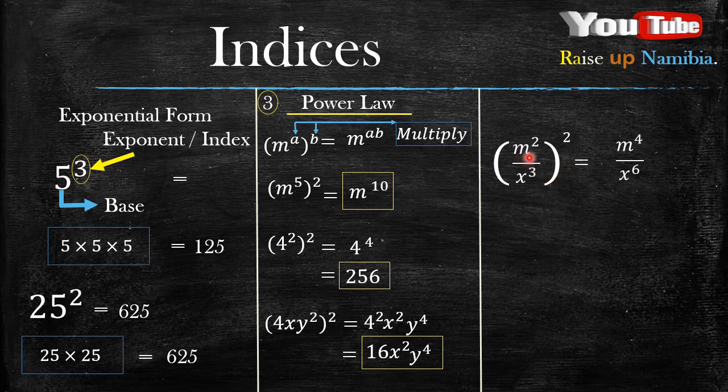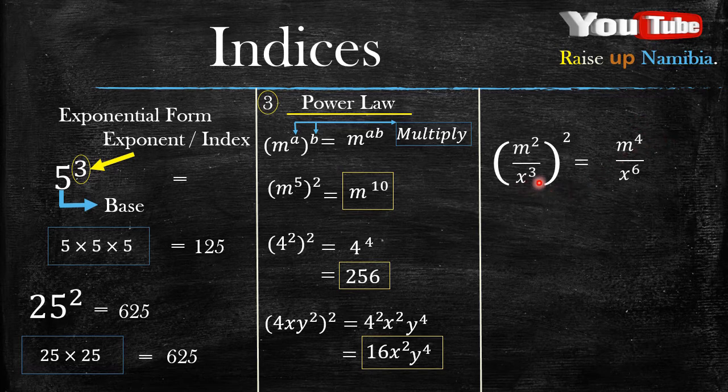And the exponent of whatever is inside of the bracket. Like the law says, we need to multiply the exponents. Now, this 2 multiplied by this 2. What is 2 times 2? It's 4, okay? So that's why we have m raised to the 4th power here as the answer.